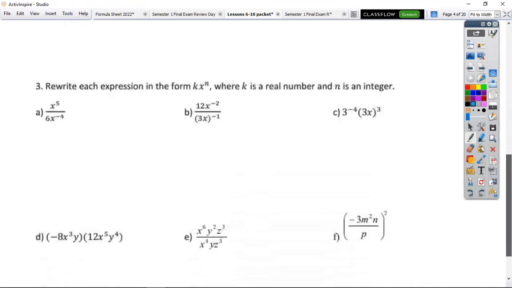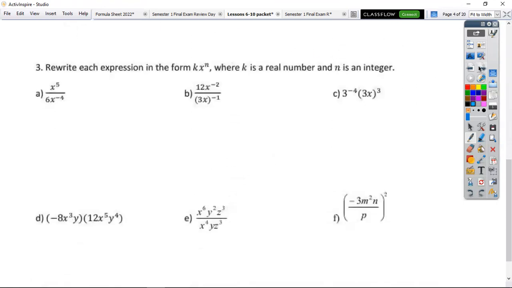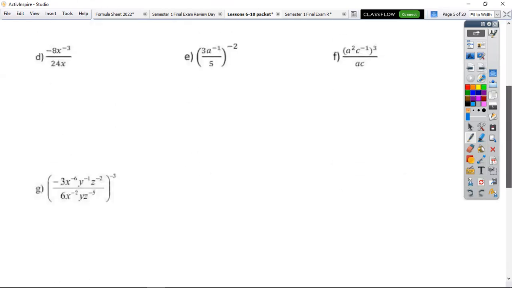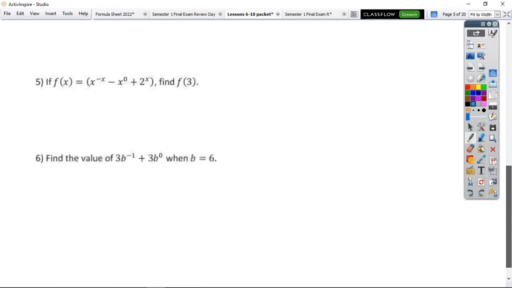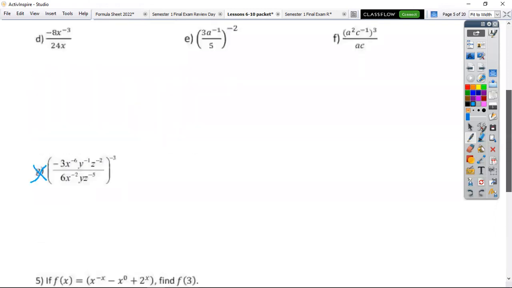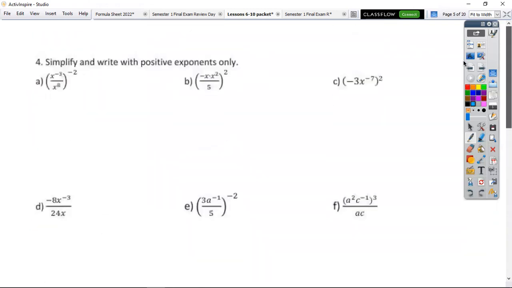Those are all okay. I'm looking for, yeah, letter G, you can cross that off for the time being. We'll save those more complicated ones for after midterms. So that one you can omit if you'd like to. If you want to try it, that's fine. It's still manageable. Everything else should be okay.